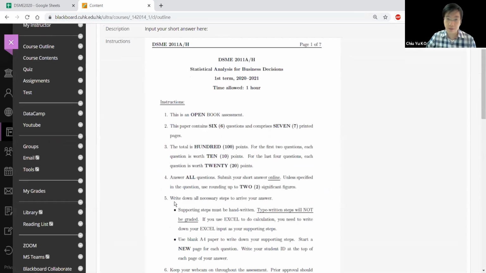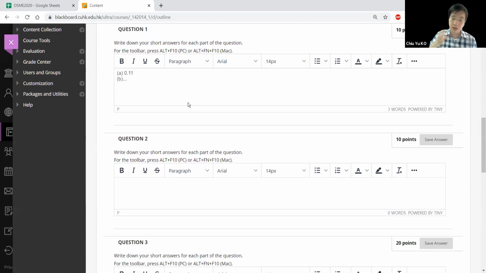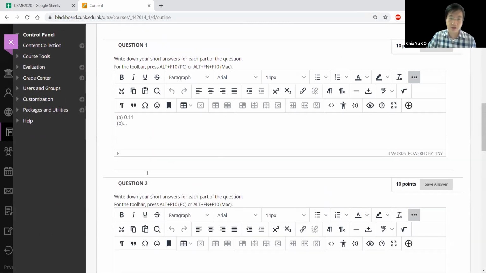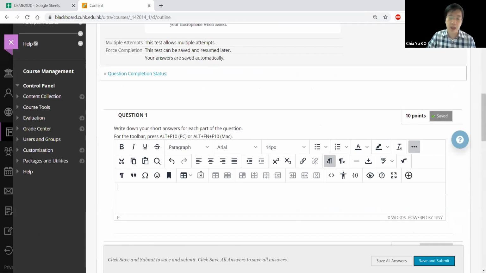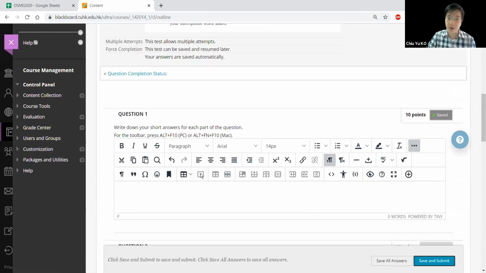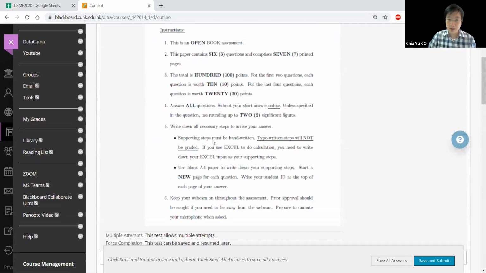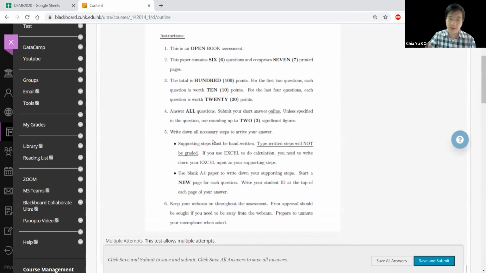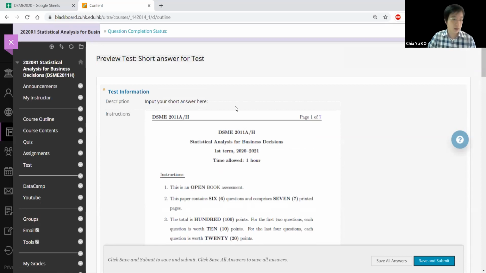You input your short answer here, but you need to take a picture of the answer. Okay, so make sure the short answer one will be closed when time's up. When time's up, then we will cut it. Otherwise, there will be a PDF file with your questions, and there you submit your answer. Okay, I guess that should be all right.